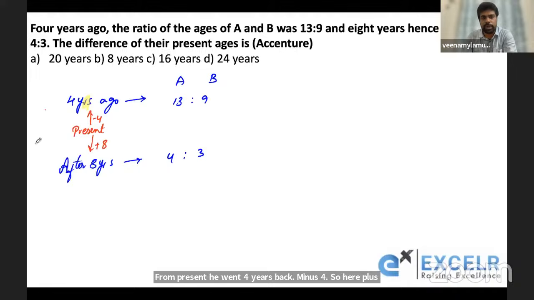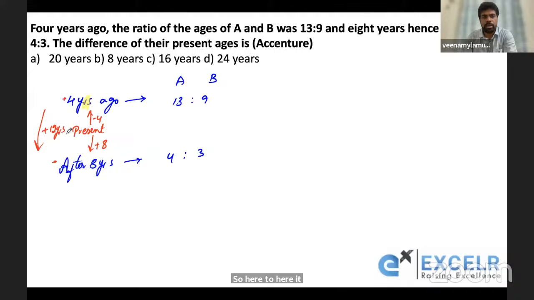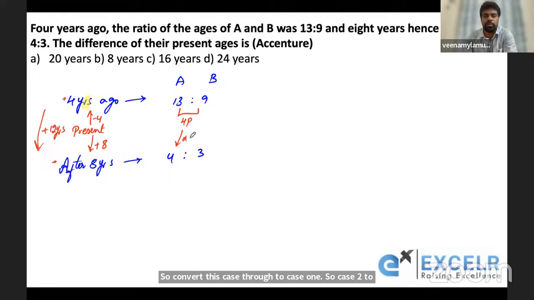So totally from here to here, how much? -4 +8, so it is +12 years. Am I correct? If it is +12 for both A and B, then the change should be the same. But here the change is not the same. So convert this case 2 to case 1. Here the difference is 4 parts, so multiply the second ratio with 4. Here the difference is 1 part, so multiply the first ratio with 1.